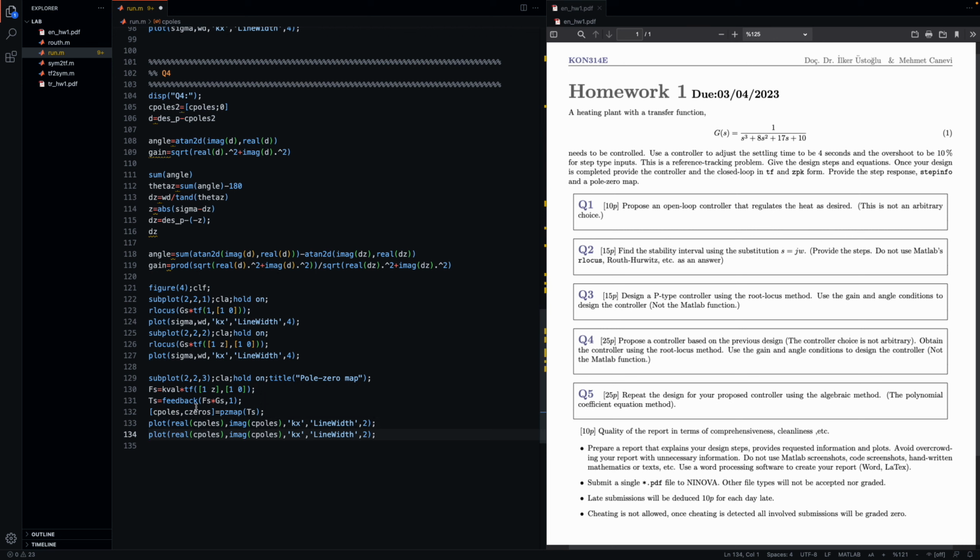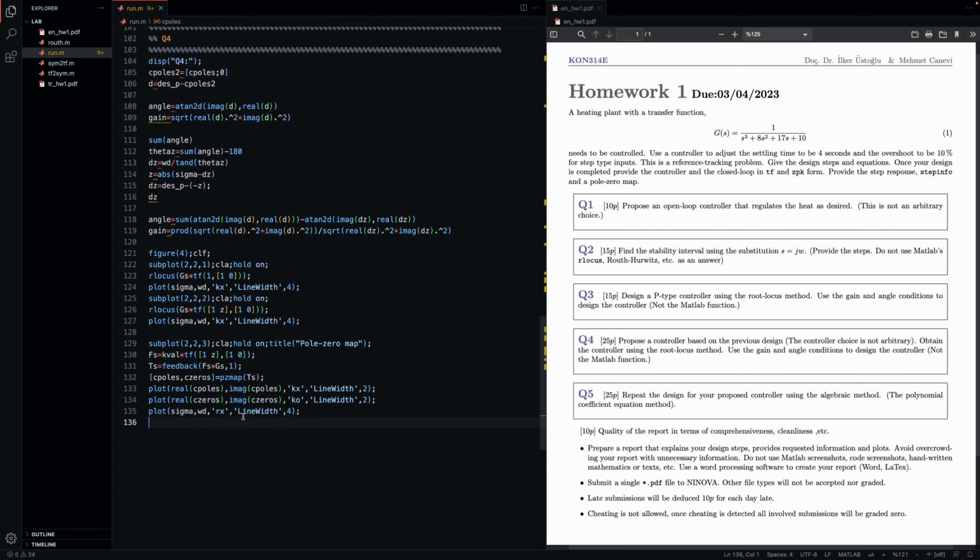We can repeat this for the zeros with ko, and then we could also take this part here. Let's make it red because that's the desired design point. And let's have another s-grid for zeta and omega n.